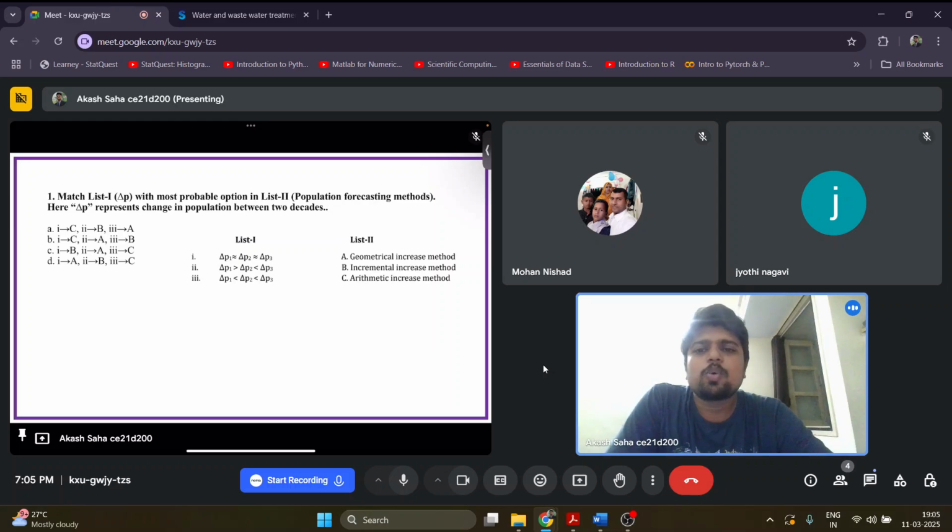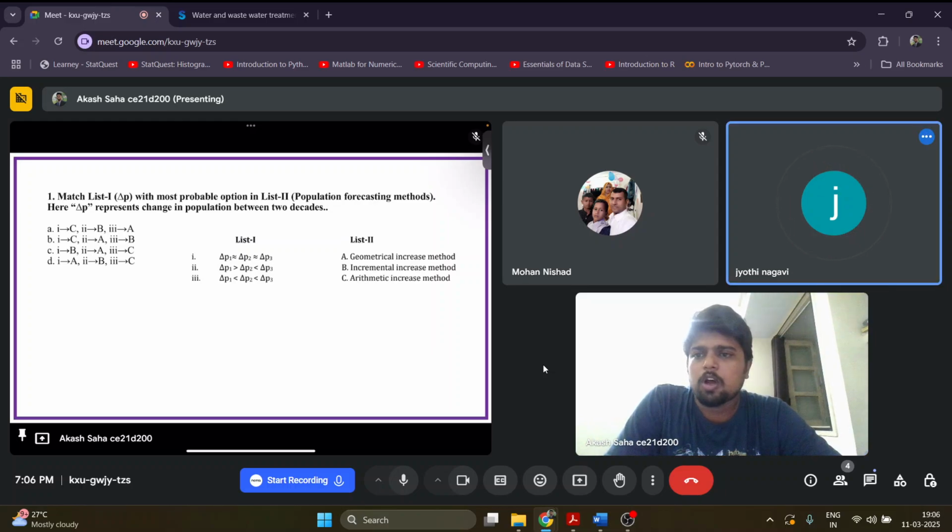So there is an equal increase in the population, majorly equal increase only, because we are only talking about the increase methods for population forecasting. In the next one, sometimes it increases, sometimes it decreases. And in the third one, the delta P is always in increasing order for all of them.